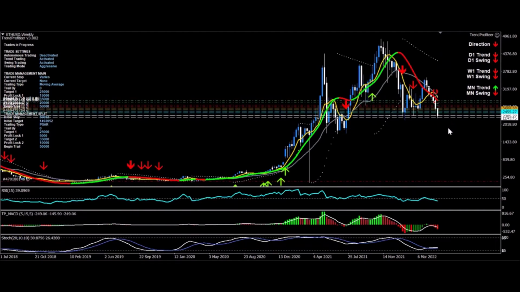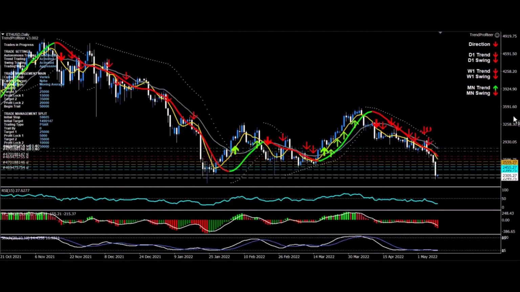I mean, look at the weekly. I mean, who knows how low this thing can go? It could go down a lot lower, and I am in the trade. I'm following it now. I'm going to stalk it with my trailing methodologies, and some of these trades really can go a lot further than you expect. That's the nature of trading, and that's what I want to get in on.